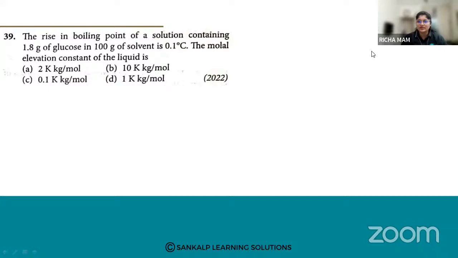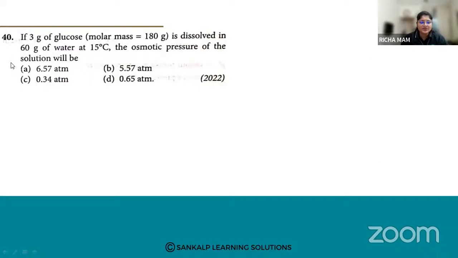Let us go for the last question. If 3 grams of glucose, whose molar mass is 180 gram, is dissolved in 60 grams of water at 15 degrees Celsius, the osmotic pressure of the solution is?